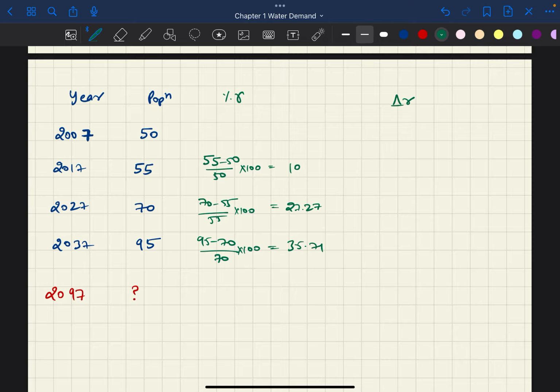So delta r, this is 27.27 minus 10, this is 17.27, 35.71 minus 27.27, this is equal to 8.44. So delta r average is equal to 12.855.